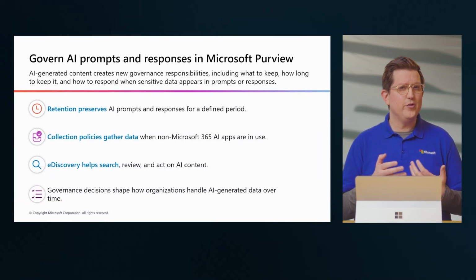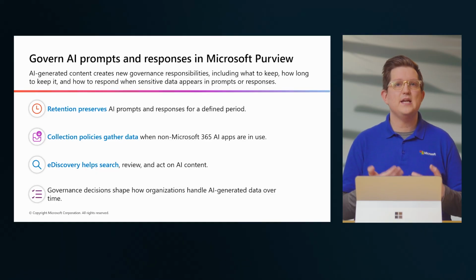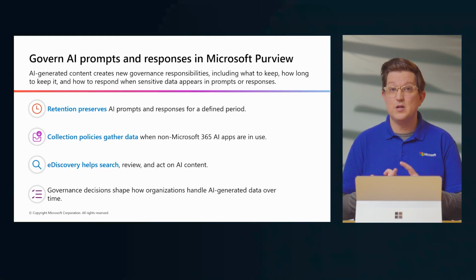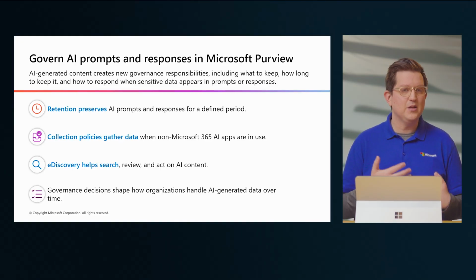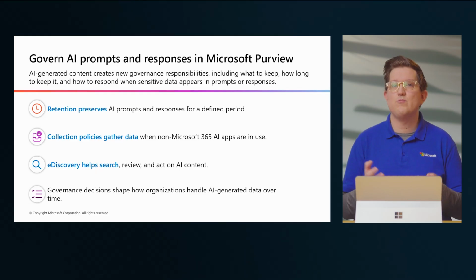Now, whilst it feels different, AI-generated content ultimately fits in the exact same life cycles that we set for any other policy within our space. There's nothing really new. Ultimately, generated content could be sensitive, it could be regulated, or it could be business critical. So you need to ensure that you are managing the content so it's available for audits, investigations, record management, all of those sorts of things.